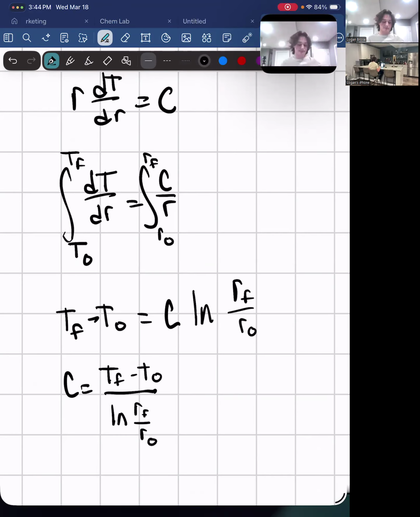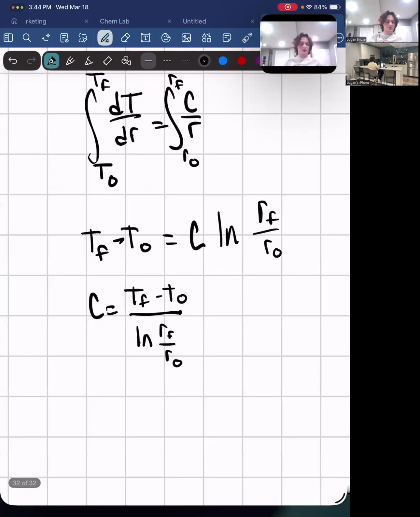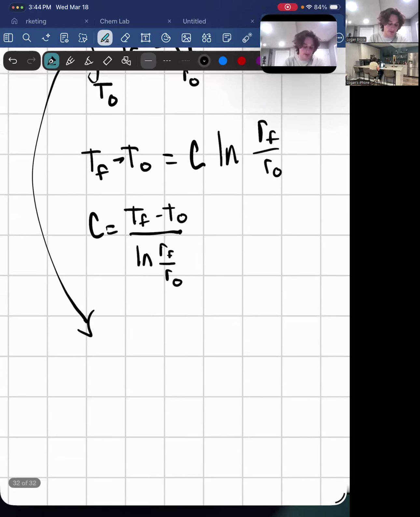So then we can come back up to this equation here, and instead of going all the way to our final temperature, we can pick whatever temperature we want, right?